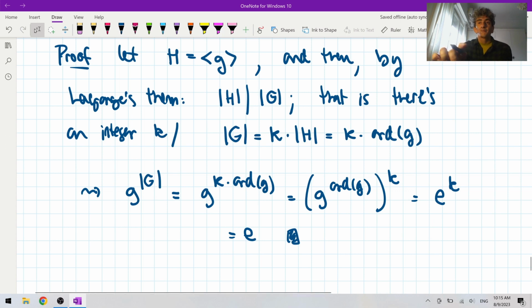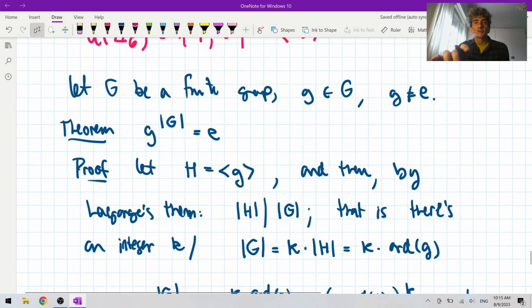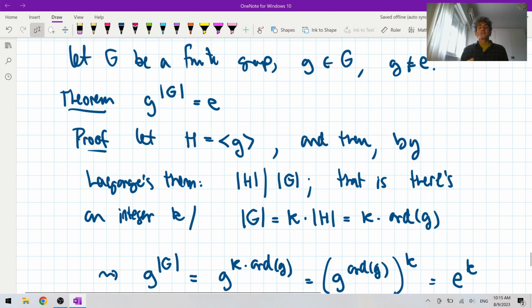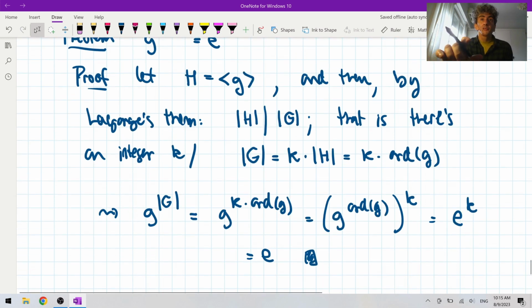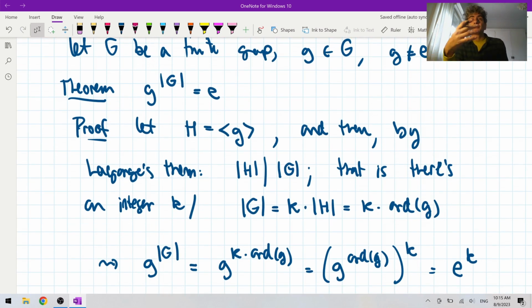Okay, so this is a very important result, and in the context that we were just discussing, it gives a very powerful tool to start studying number theory.